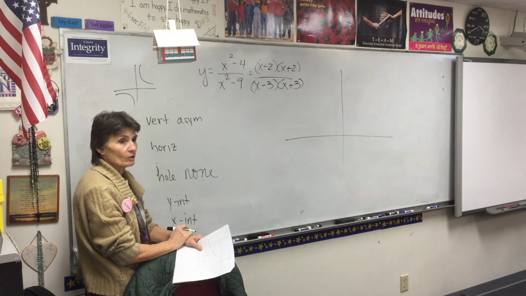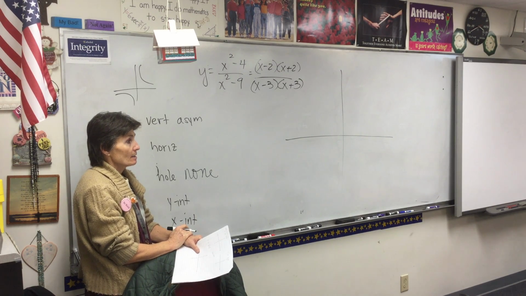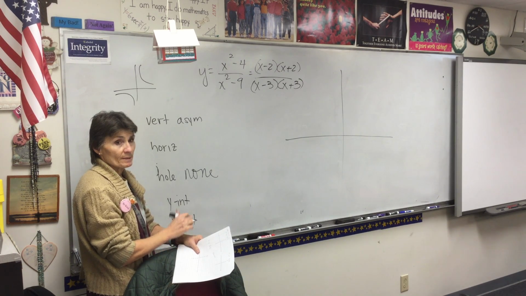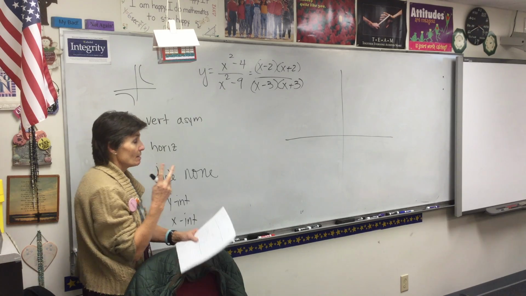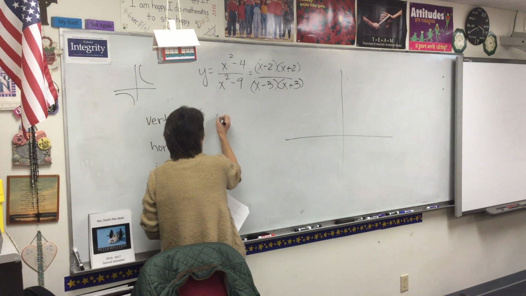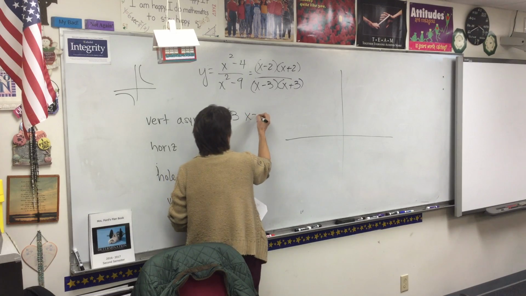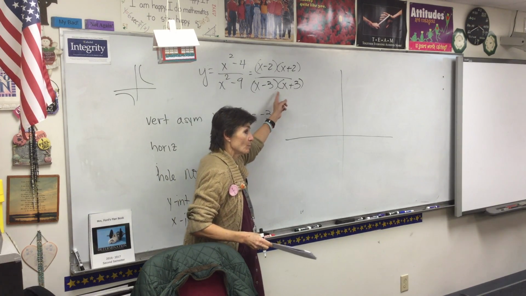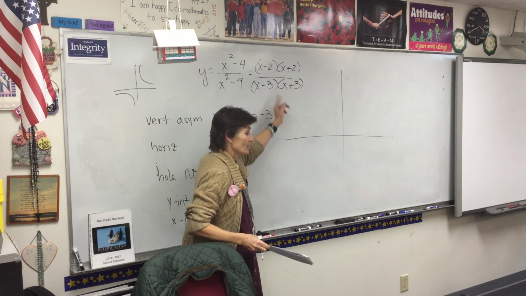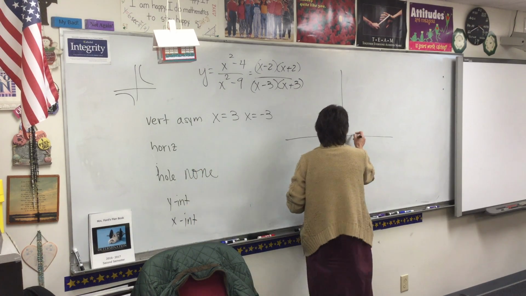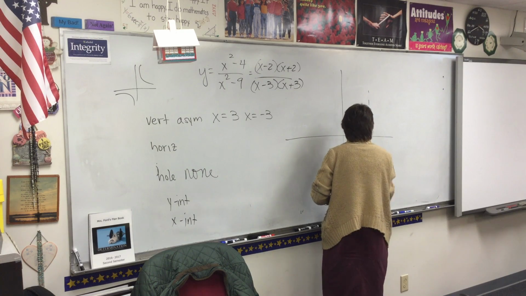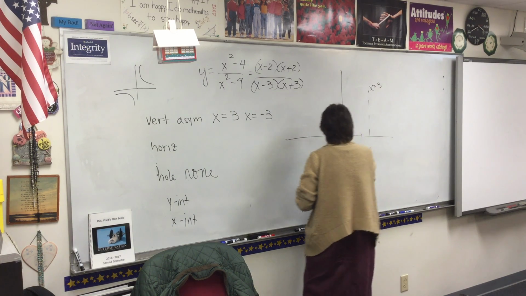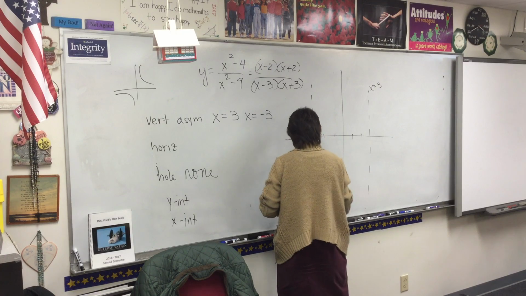Now, what about vertical asymptotes, guys? Looks like there are going to be two of them, because vertical asymptotes happen when the denominator equals 0, and aren't there two different numbers that would make a 0 down there? So you're going to have a vertical asymptote at 3 and another one at -3.